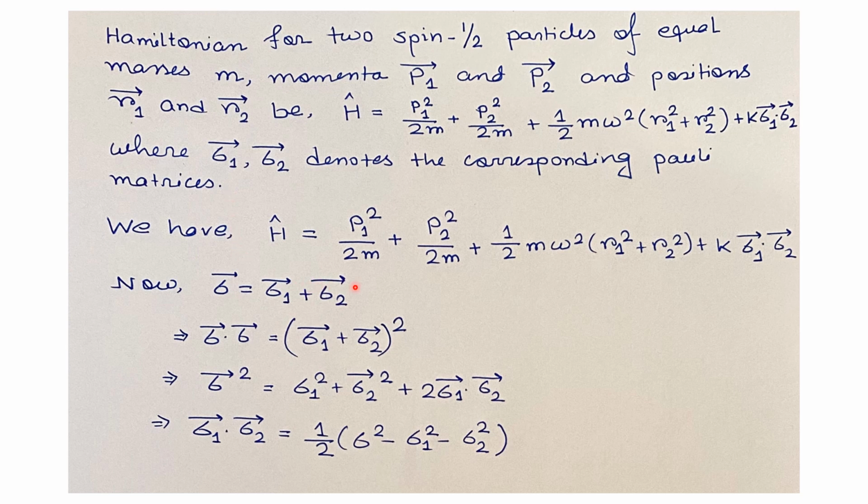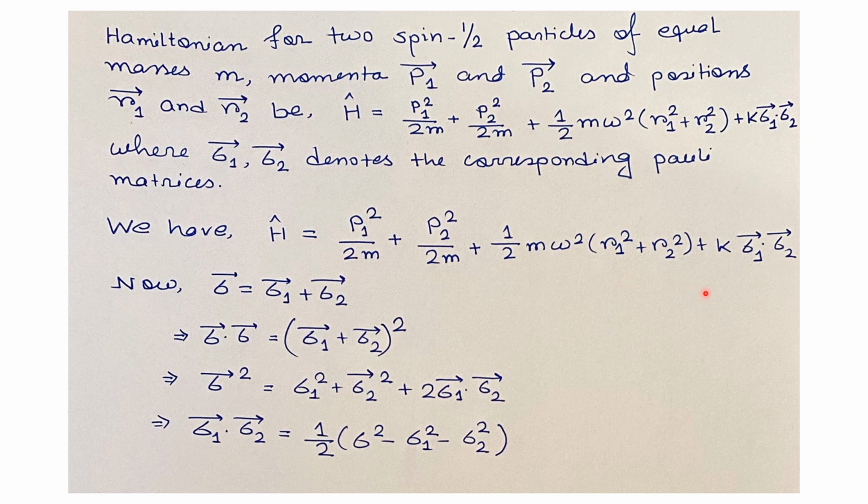In the Hamiltonian, the first three terms, that is p1 square by 2m plus p2 square by 2m plus half m omega square times r1 square plus r2 square, basically denote the two spin-half particles in a three-dimensional quantum harmonic oscillator potential. So for this part of the Hamiltonian, we know what the energy eigenvalue will be.